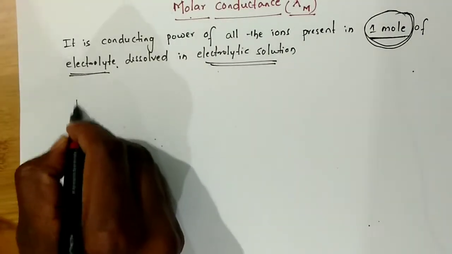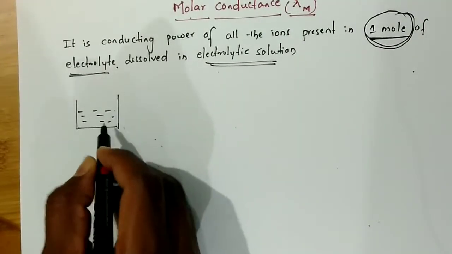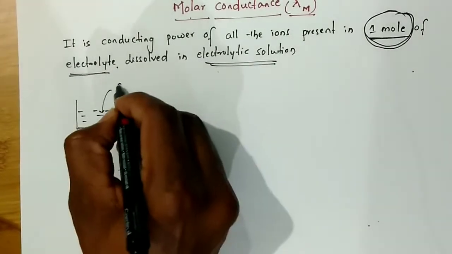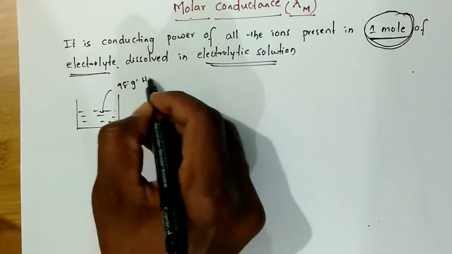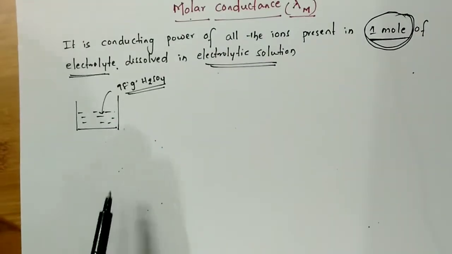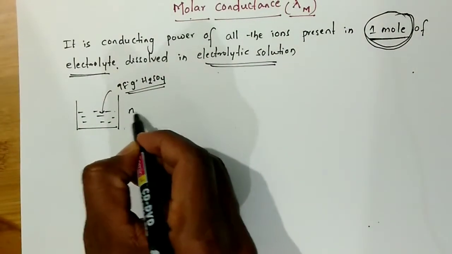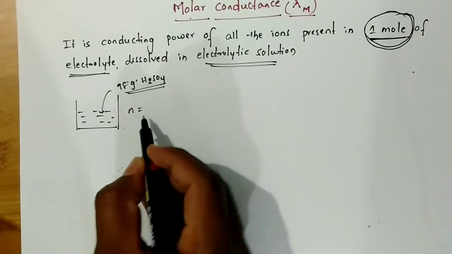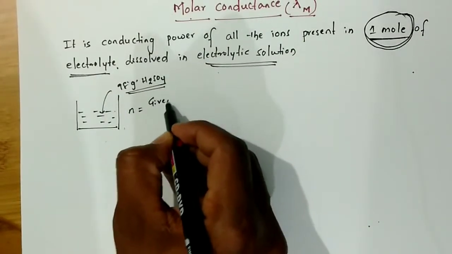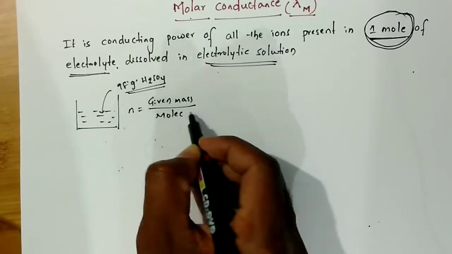For example, I am taking one electrolytic solution. Let us consider 98 grams of H2SO4 there. 98 grams of H2SO4 means how many moles? 1 mole. How to find the number of moles? Number of moles equals given mass by molecular mass.